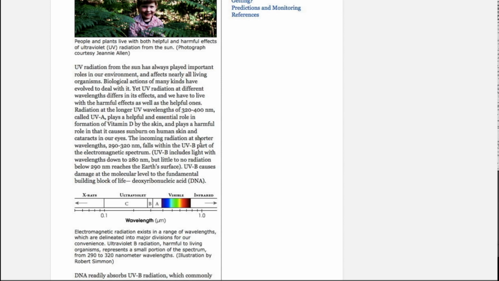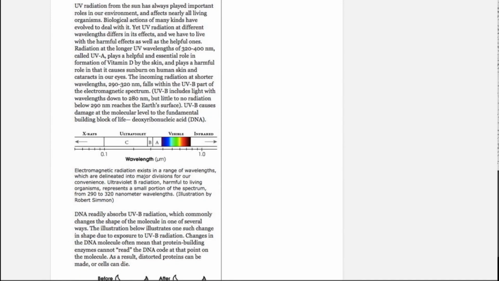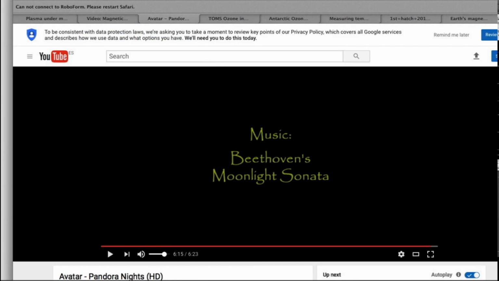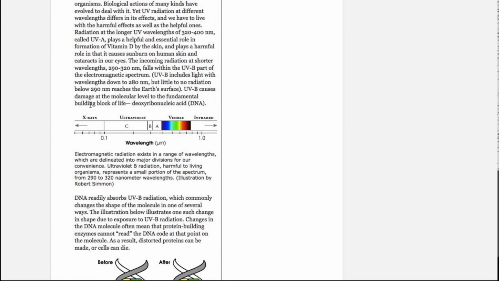The incoming radiation at shorter wavelength, 290 to 320, falls within the UVB part of the electromagnetic spectrum. UVB causes damage at the molecular level to the fundamental building block of life, DNA.